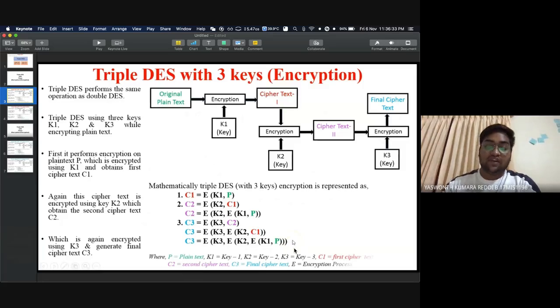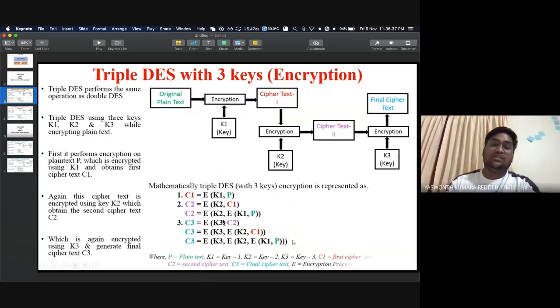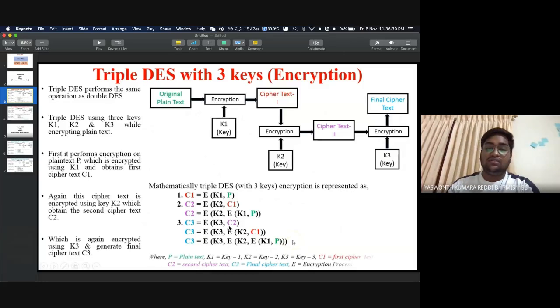Here C1 is the first ciphertext, C2 is the second ciphertext, and C3 is the final ciphertext.